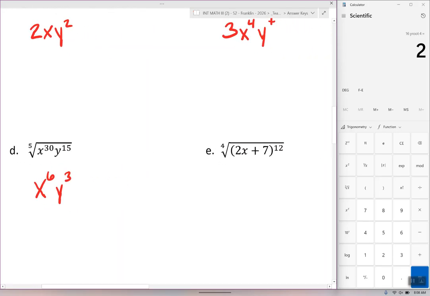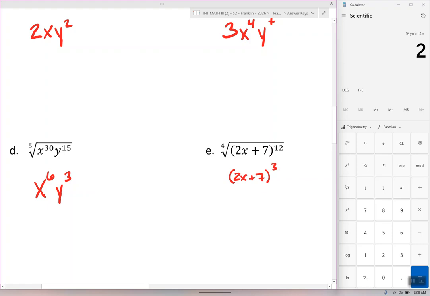Now for a problem like example E here, we have this thing in parentheses, 2x plus 7, all to the 12th power. What we're going to do is kind of ignore this inside stuff and focus on this exponent. Treat this entire parentheses like one variable, like an x or a y or something. So what this really is going to equal is 2x plus 7. 12 divided by 4 is 3, so all to the 3rd power.